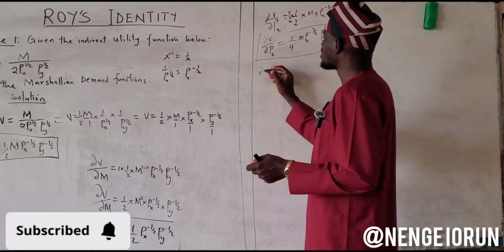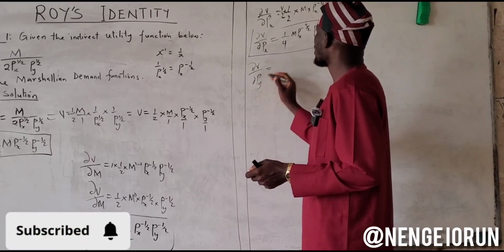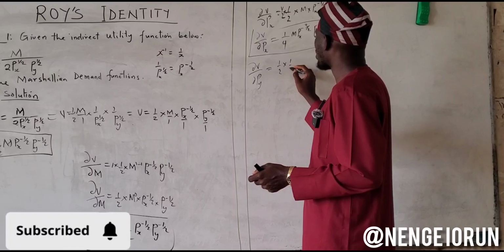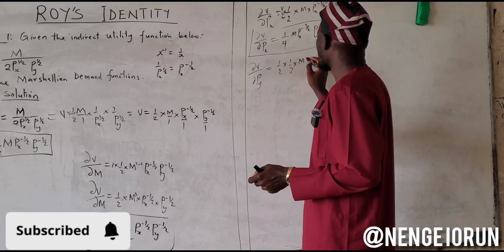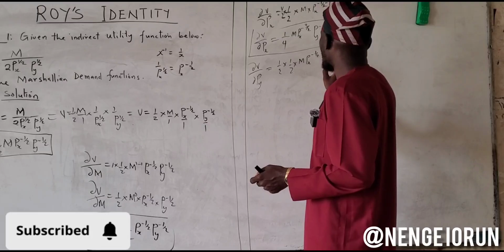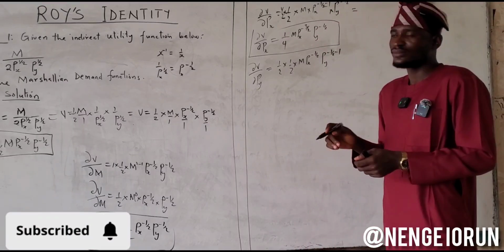So the partial derivative of V with respect to Py will be equal to 1 over 2 times 1 over 2 times M Px raised to the power of negative half times Py raised to the power of negative half minus 1.